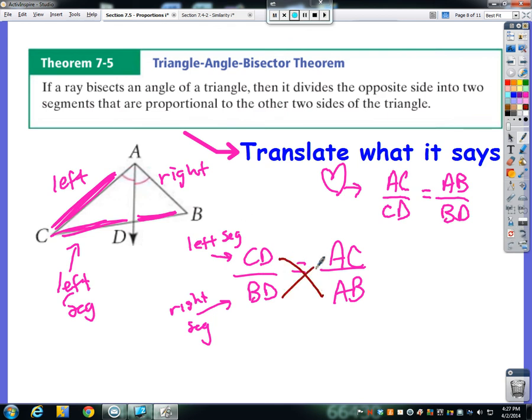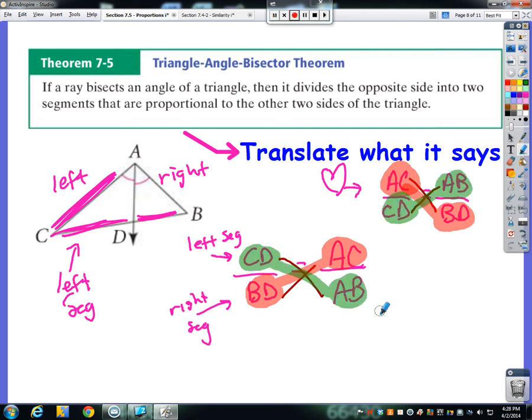Look at what happens when you cross multiply both of these. The AC gets multiplied with the BD. Does that happen here? Yeah, the AC gets multiplied with the BD. It works out. CD here gets cross multiplied with AB. Same thing happens here, just in a different order. So you can set this up 1 of 2 ways.